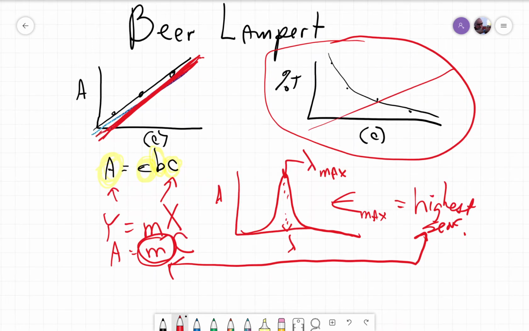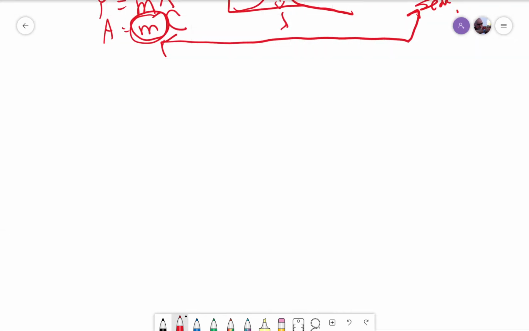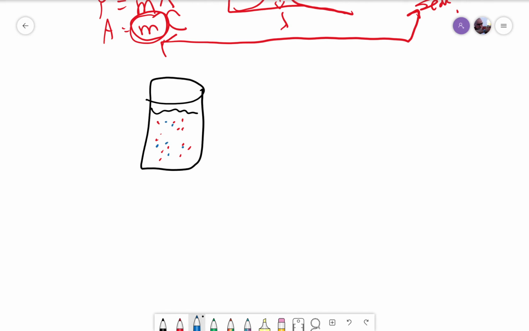The question becomes, what if we have a solution that has more than one species? How much light is going to be absorbed by multiple absorbers?